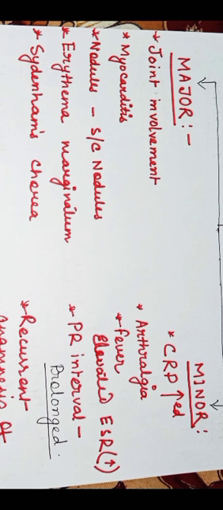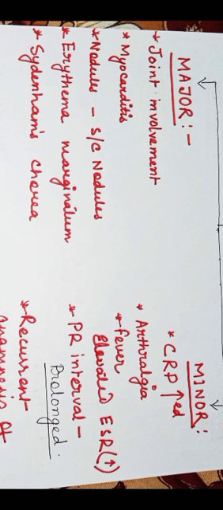Many joints will be involved at the same time and the pain will migrate from one side to another. This is a major criteria. Mere joint pain, that is arthralgia, is again a minor criteria. So migratory polyarthritis is a major criteria, and arthralgia is a minor criteria. It is simply a joint pain.